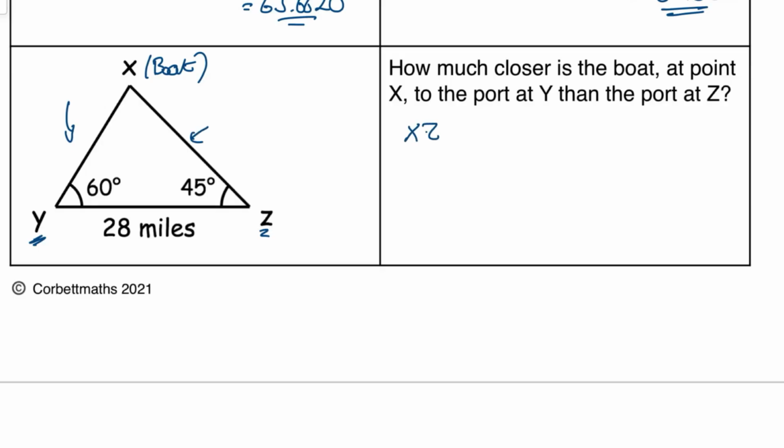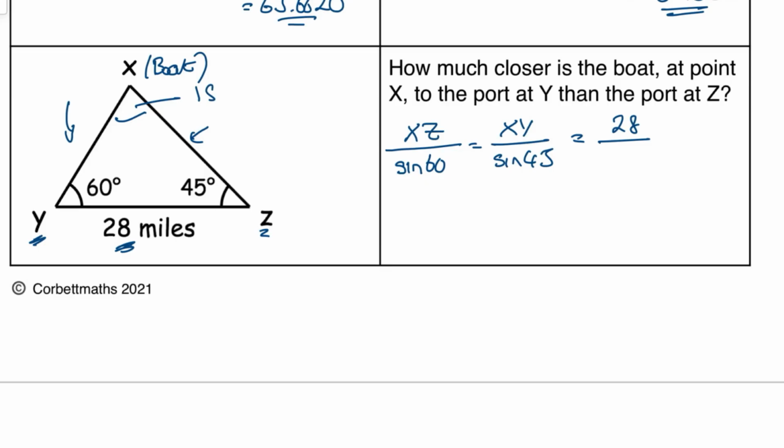So XZ, I'm going to use the sine rule. So again, if you haven't seen half ab sine C, you won't have seen this either. So XZ over the opposite angle, which is sine 60, is equal to XY, which I also don't know but will need, over the opposite angle, which is sine 45. And that's equal to 28, which is the length here, with the opposite angle.